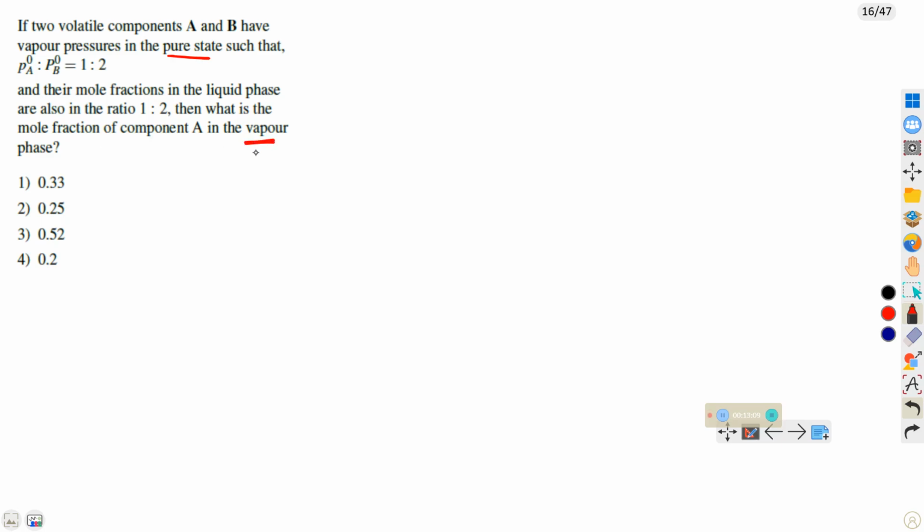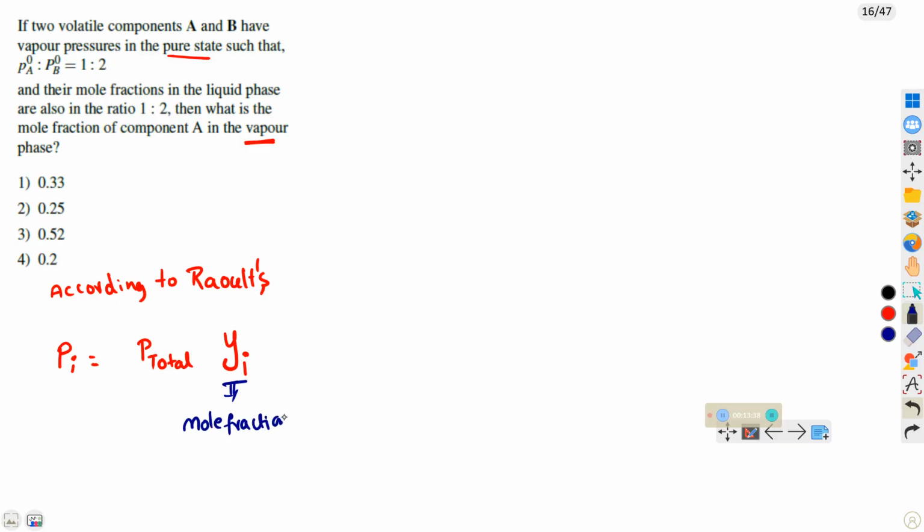So in vapor phase, according to Raoult's law, partial pressure in vapor phase is equal to total pressure into mole fraction Yi, here Yi means mole fraction in vapor phase.